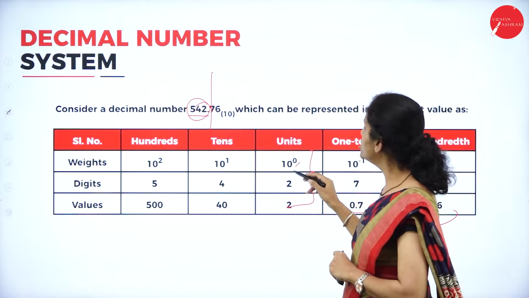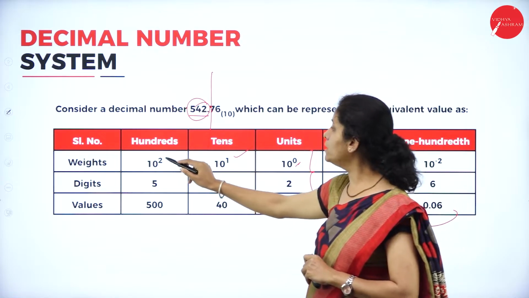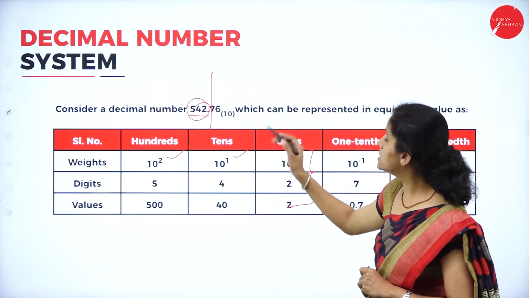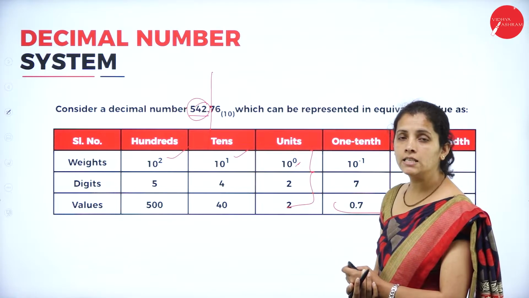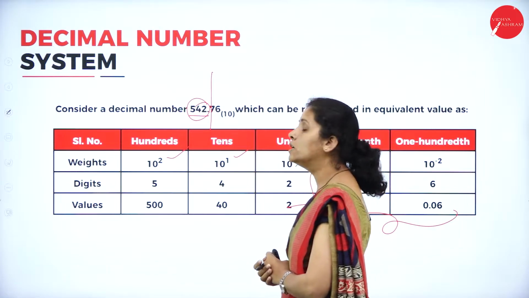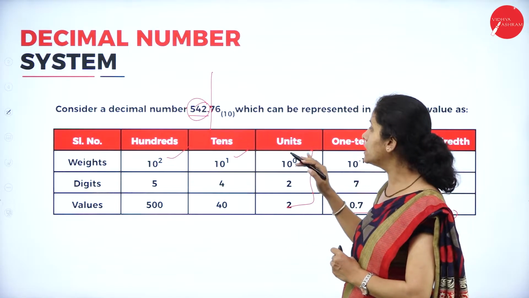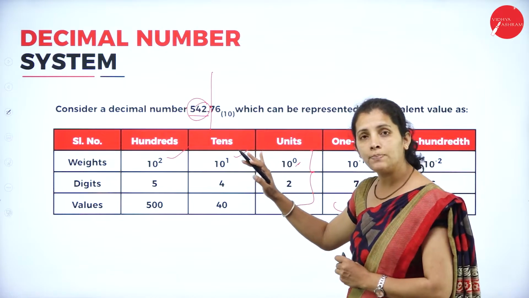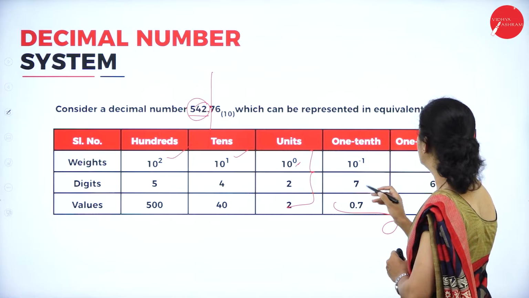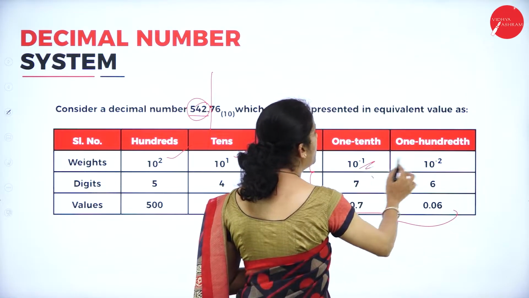While positioning, I'm going to start from 0, 1 and 2. These are my units. It is a decimal number, for that reason 10 to the power 0, 10 to the power 1, 10 to the power 2. At the same time, I'm going to write the numbers in their respective places. Now, if I consider the fractional part, I'm going to start with the negative power.